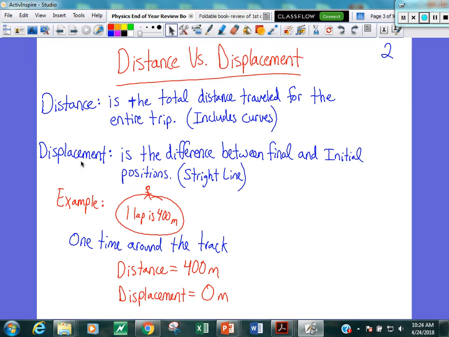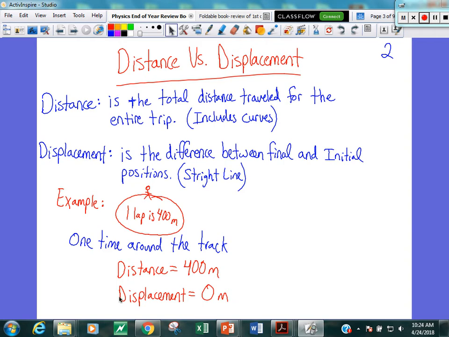Here's my example. I wanted you to draw a lap around the track. One lap is 400 meters, and draw a little stick figure for you. If you ran one time around the track, your total distance is 400 meters.